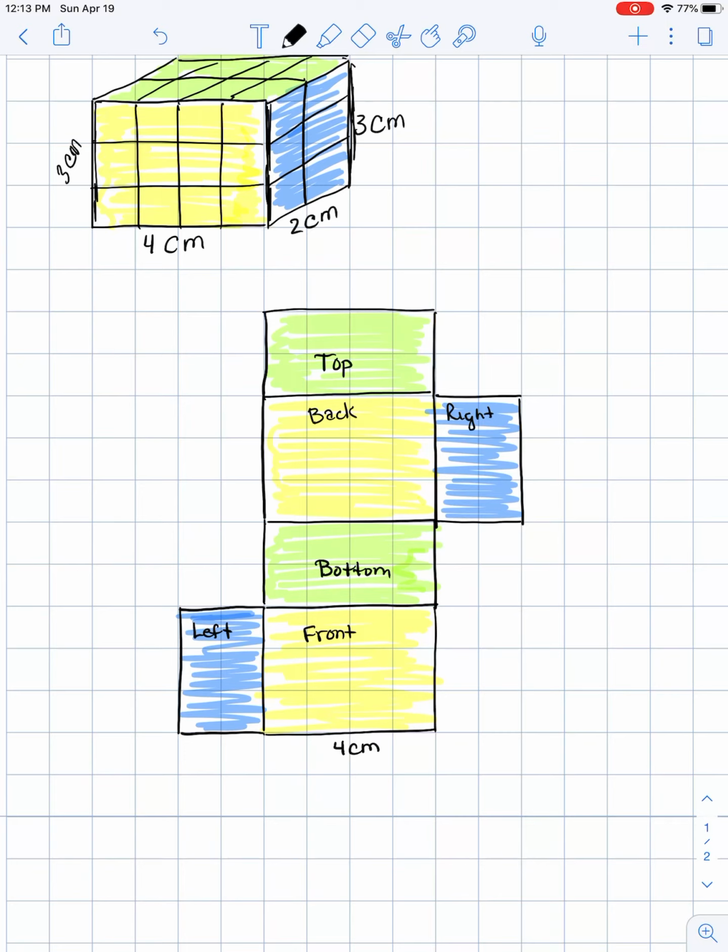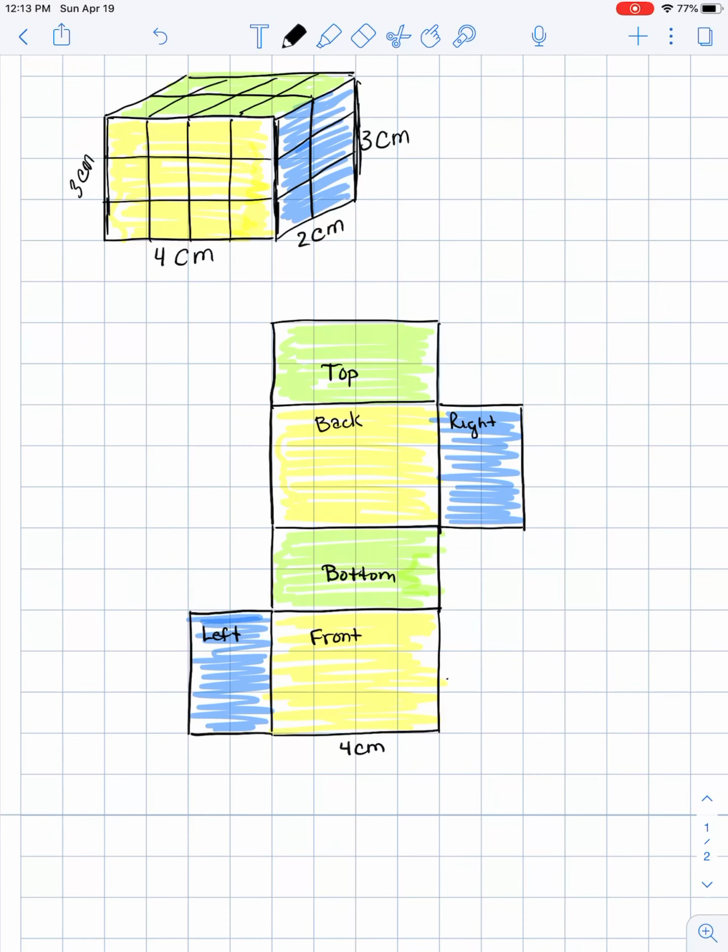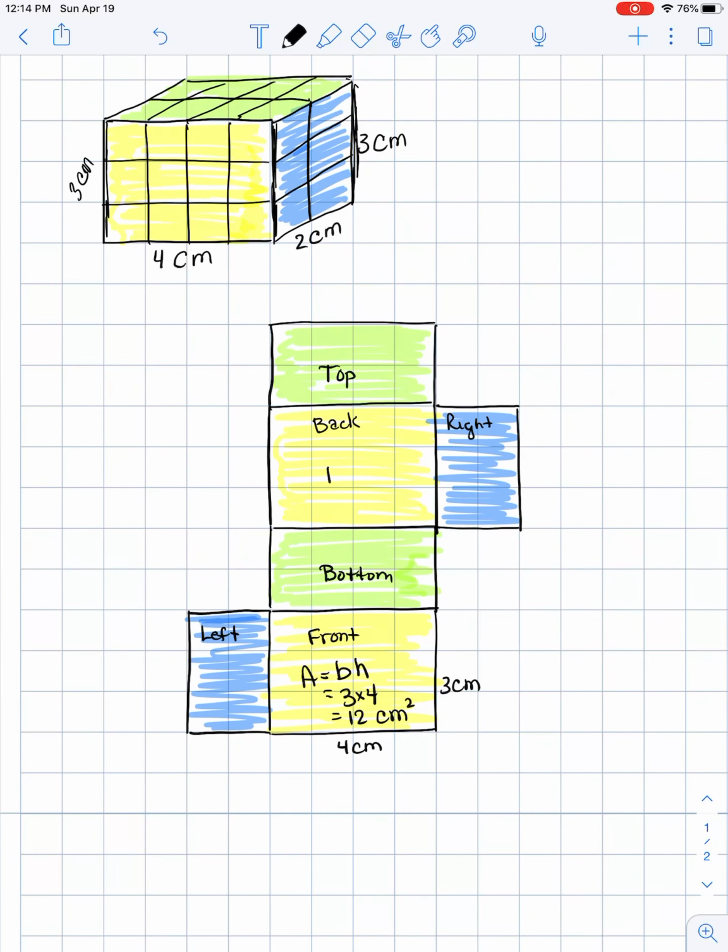So this is going to be 4 centimeters by 3 centimeters. So the area is base times height, which equals 3 times 4, which equals 12 square centimeters. Now if the front is 12 square centimeters, then the back has to be 12 square centimeters.